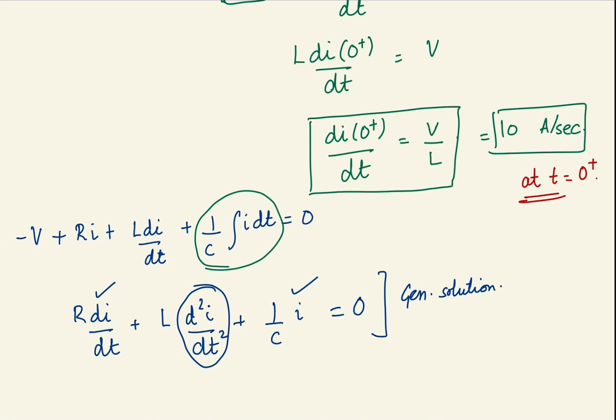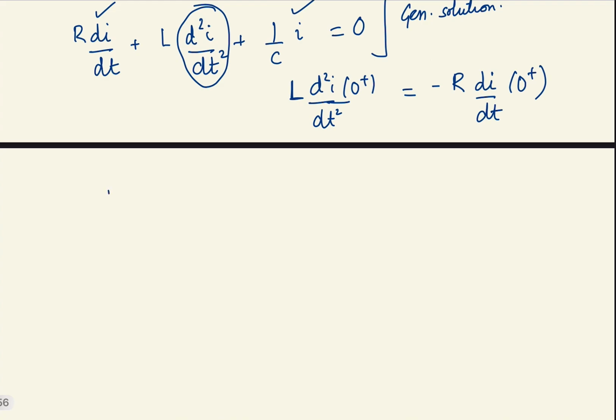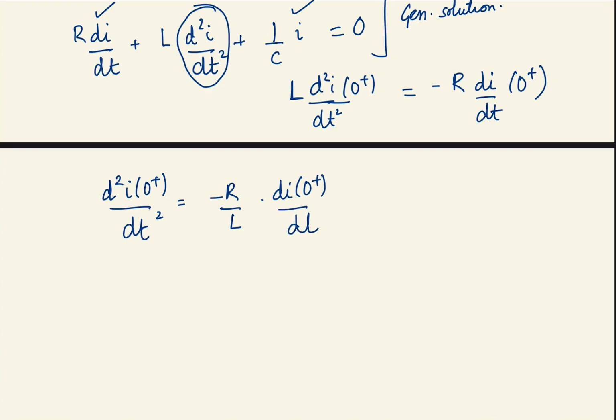Now since I'm interested in d square i by dt square at 0 plus, I can safely get rid of the i term, I don't need it. So d square i at 0 plus by dt square is equal to minus R by L times di at 0 plus by dt.